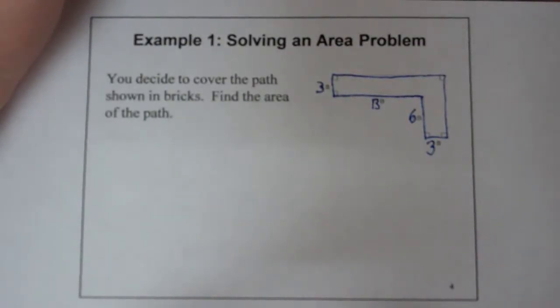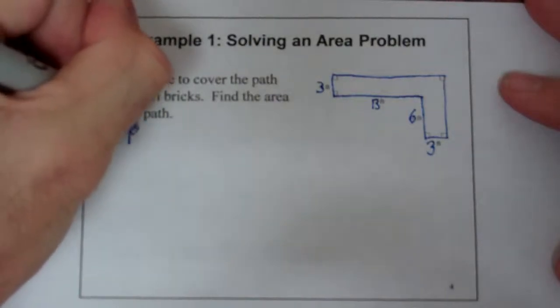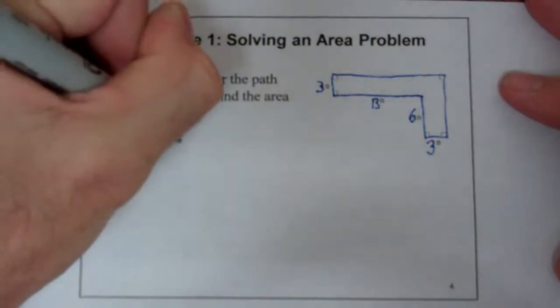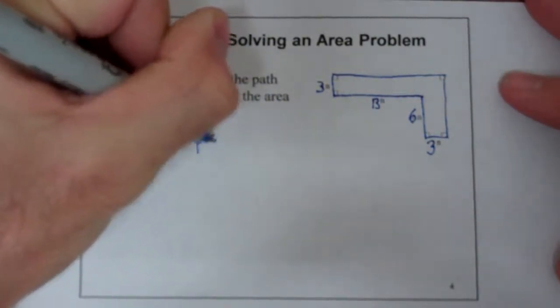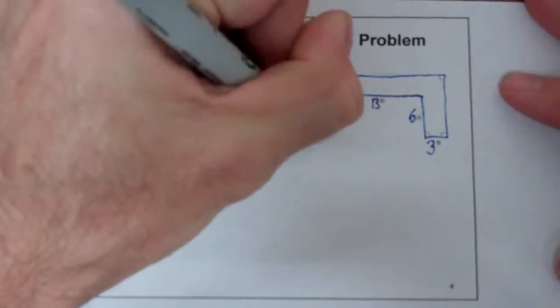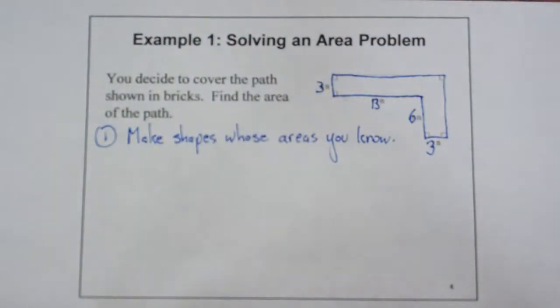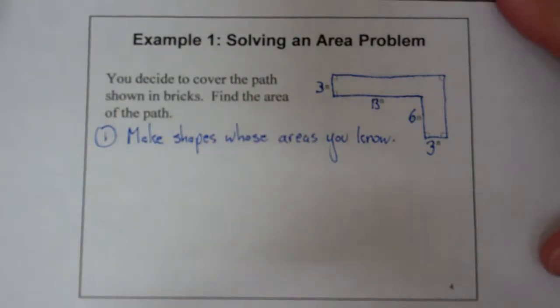Well, basically what I need to do is I need to make two rectangles out of this. So the first step is to always make shapes whose areas you know. Alright, and what I mean by that is the formulas for the areas that you know, something you can calculate.